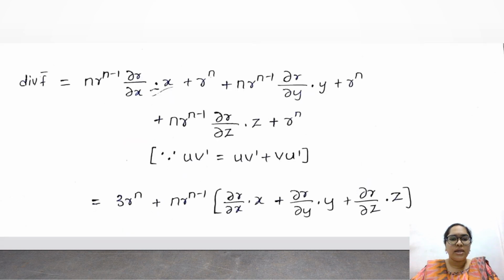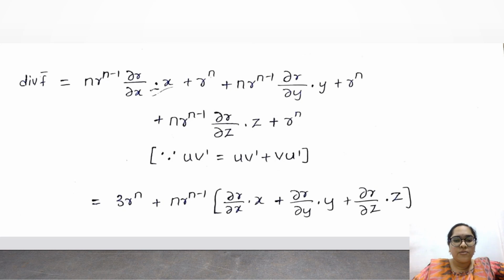Then we get n into r power n minus 1 into dou r by dou x into x plus r power n, plus n into r power n minus 1 into dou r by dou y into y plus r power n, plus n into r power n minus 1 into dou r by dou z into z plus r power n, by applying the uv formula.